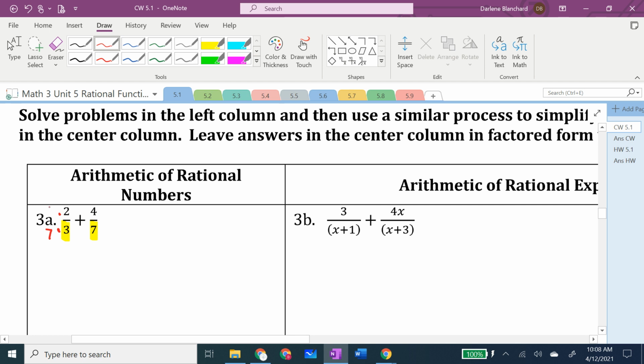But we don't want to change the value of the fraction, so we multiply the top and the bottom both by that 7. The fraction on the right, I look at the other denominator. I need to multiply by 3, but I don't want to change the fraction, so I multiply top and bottom by 3. Then I have 14 over 21 and 12 over 21, and now how do I add them?